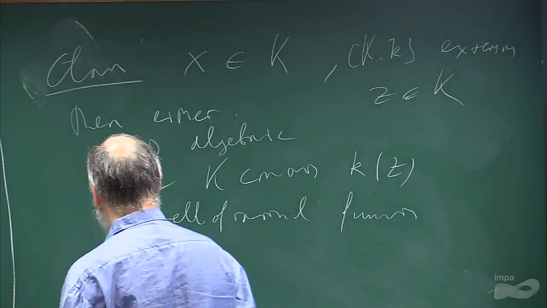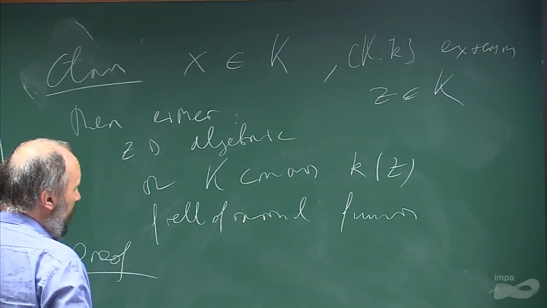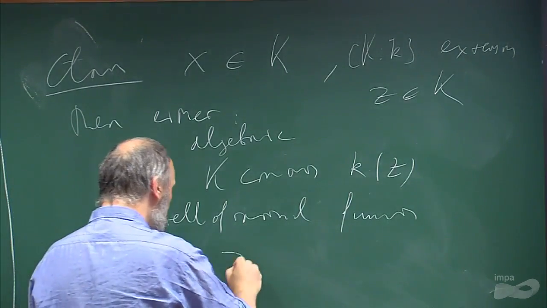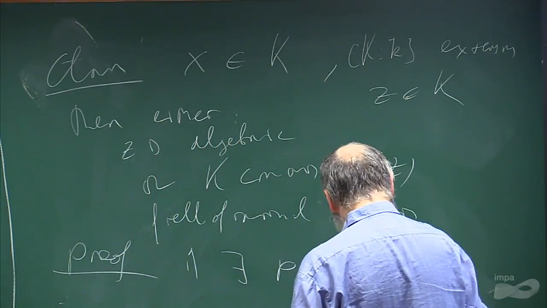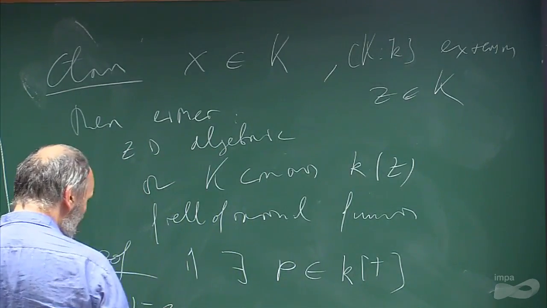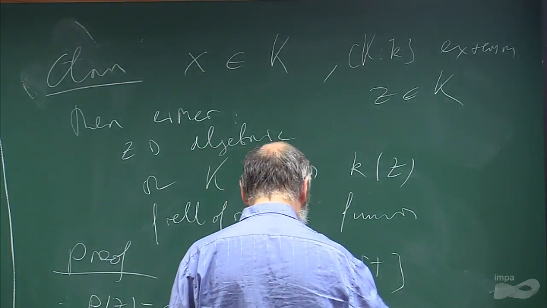It was in the first lecture, in fact, but I can repeat it. If there exists a polynomial P with coefficients in k small such that P of Z equals 0, then Z is algebraic.